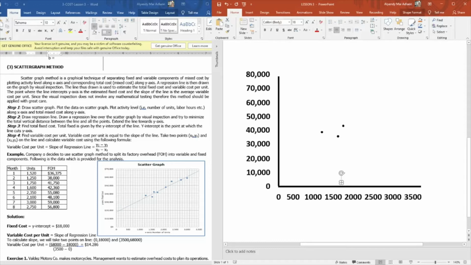But if you have graphing paper with exact and equal grid lines, you can do it better. So that's 1,600, and for its y-axis, that's 42,360. This is not really exact, but we're trying to do our best so that it is at least close to its exact number.